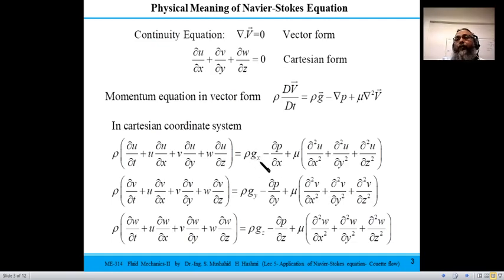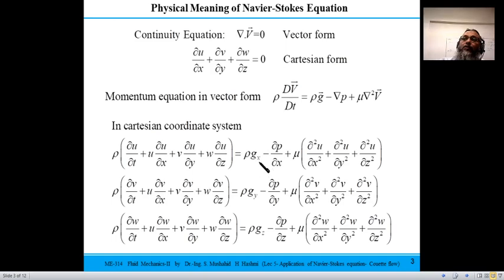It means we have not taken into account other body forces like electrical fields, magnetic fields, electromagnetic fields, or the fields generated due to the motion of the earth around its own axis, as well as the motion of the earth around the sun, as well as the rotation of the moon.